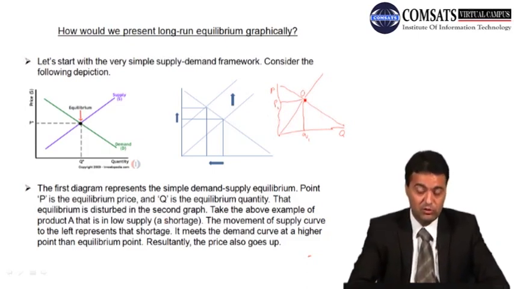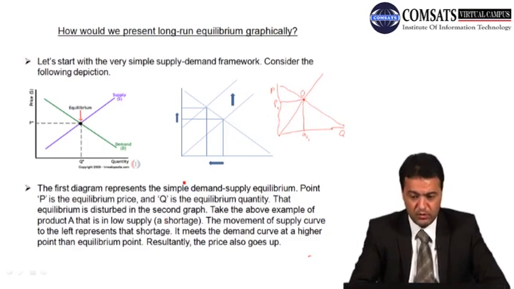Now notice two things over here that we will be discussing later. You can see this triangle over here, and you can see another one over here, which is below the equilibrium point.